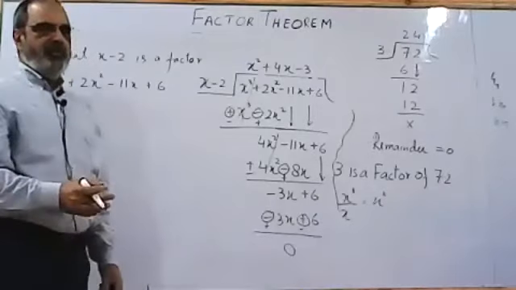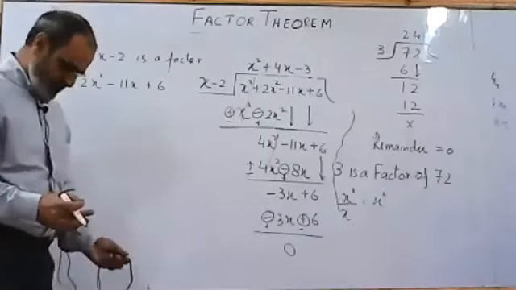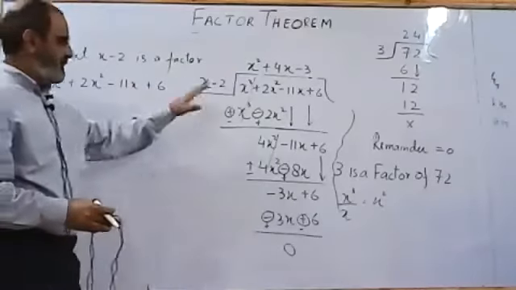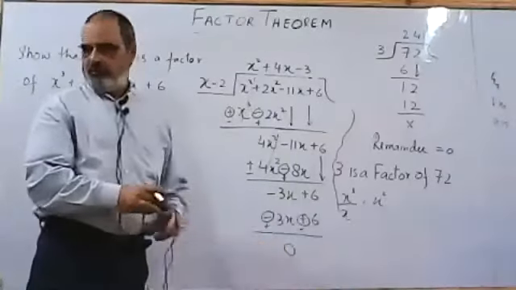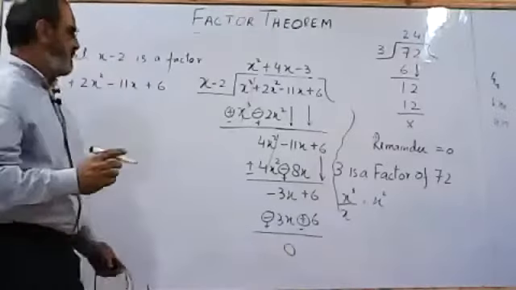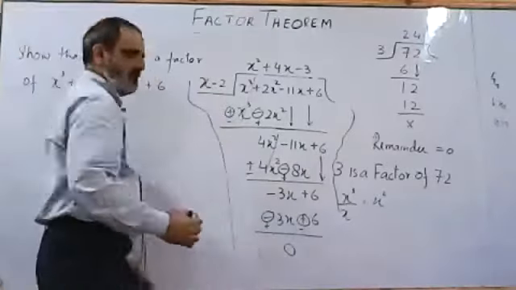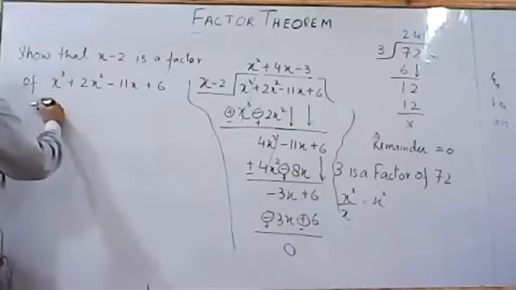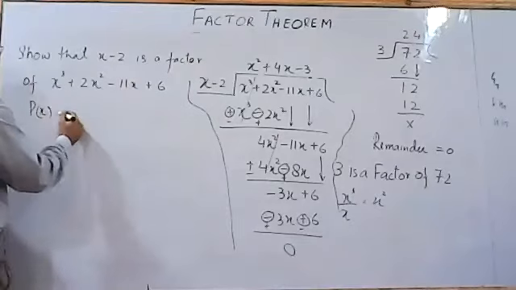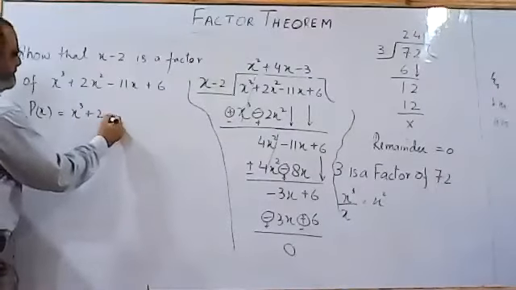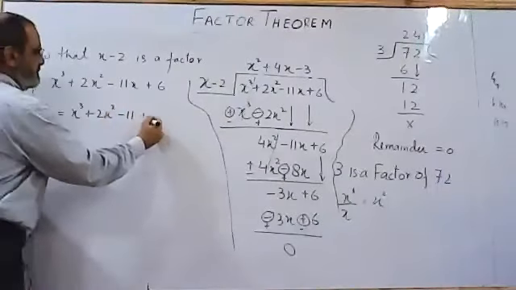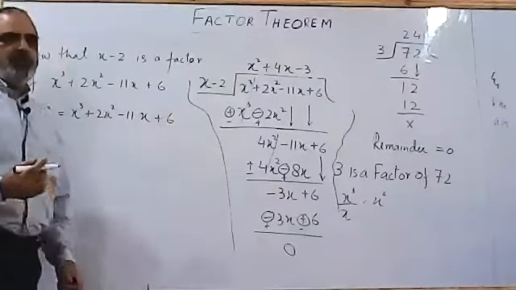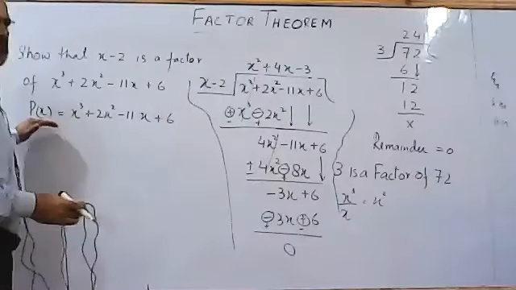So if an expression is a factor of the polynomial, then the remainder will be 0. Similarly, another technique is called the factor theorem. I'm representing the given polynomial by p(x).